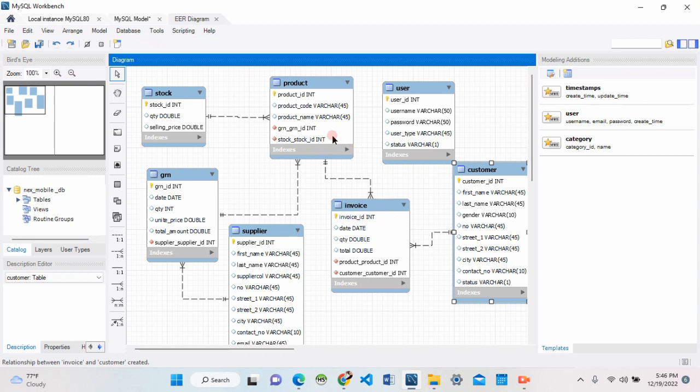Here the product is also a many side, and the customer is also a many side. For this reason, we created a table called invoice. So when the product table and customer table data repeats, it will repeat in another table called invoice. So now we will see the next question.